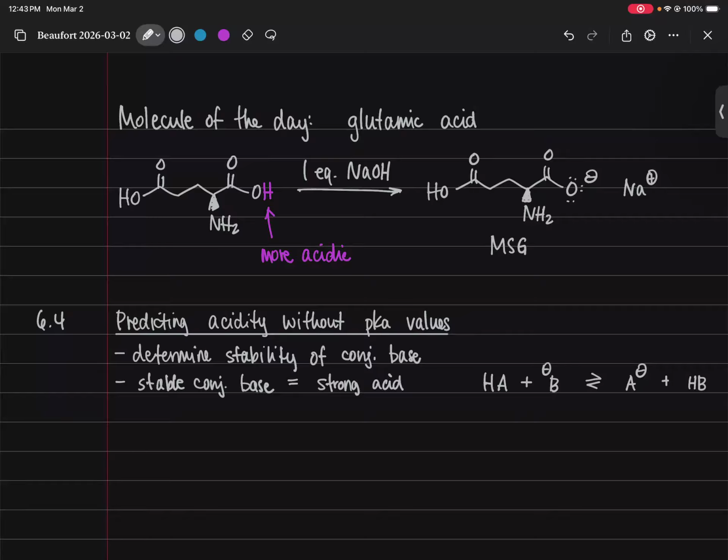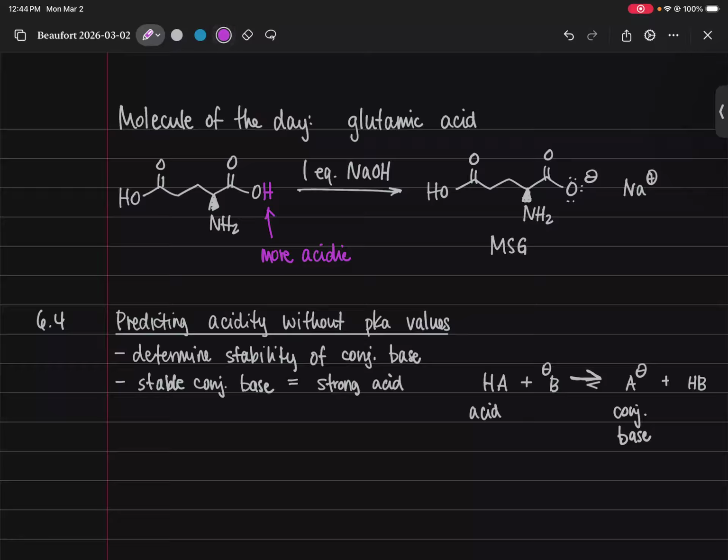So if we have something like this, HA is our acid, and A minus is our conjugate base. If A minus is really stable, happy to be A minus rather than HA, then that means that our equilibrium is going to get pushed in that direction.